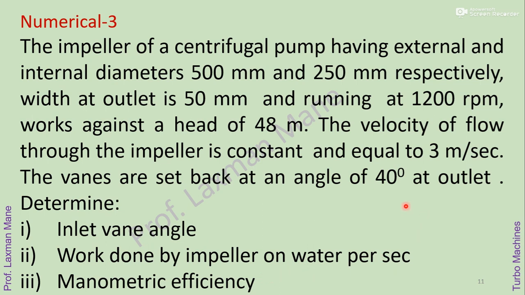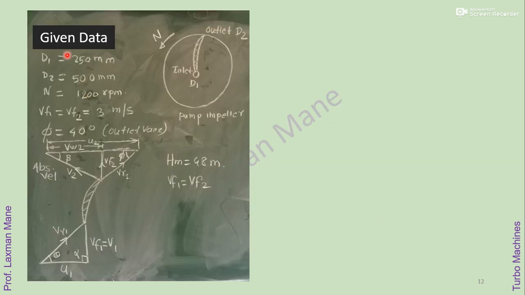So this is again the numerical which is same as the last numerical, that is numerical 2. Here also writing all the data, drawing velocity triangle diagram.